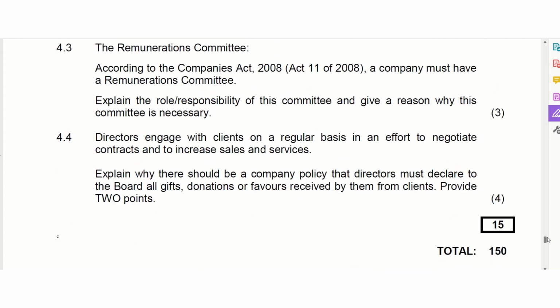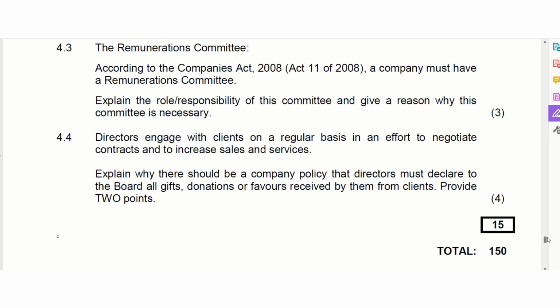4.4. Directors engage with clients on a regular basis in an effort to negotiate contracts and to increase sales and services. Explain why there should be a company policy that directors must declare to the board all gifts, donations, or favors received by them from clients. Well, a gifts declaration is a mandatory aspect in very big and multiple companies.